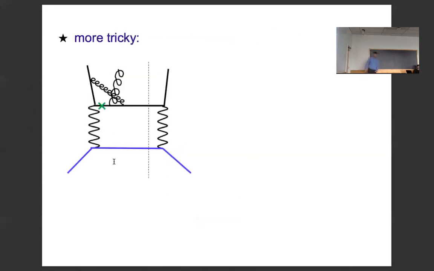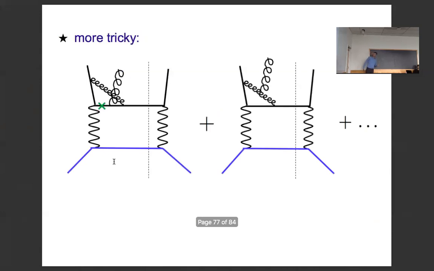However, there are diagrams that turn out to be much more tricky. That's where your gluon attaches somewhere inside the loop. So you get a box diagram if you look closely, and you want to pick up poles inside that box diagram. And this can happen, for example, in this way. It can also happen in the CA, the gluon vertex diagram, where you pick up poles at one of these locations. It becomes really messy in a sense because, for example, you can make a choice where you put your loop momentum.